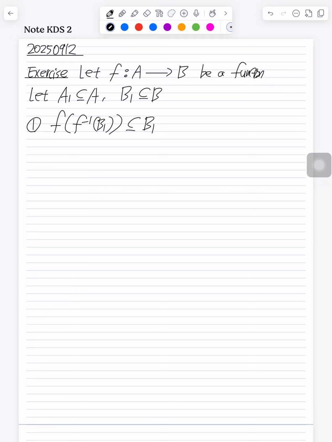And dually speaking, if we start with the subset A1, push forward and take back, that will give us the following. So if we start from A1, then take the image and take the inverse image of it, this is the duality principle, where we get the reverse inclusion.